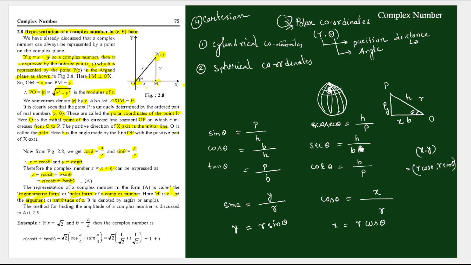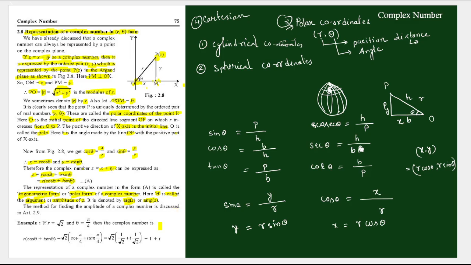So this angle is given the name argument. In the next section we will get arg, that is nothing but the argument or the angle. It is denoted by argument of z or amplitude of the complex z. The method for finding the amplitude of a complex number is discussed in the next section.